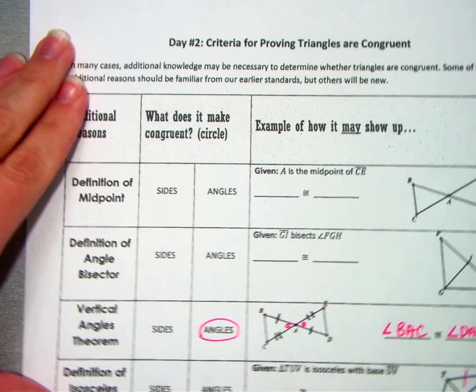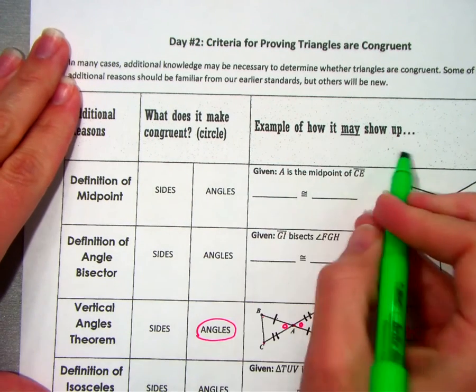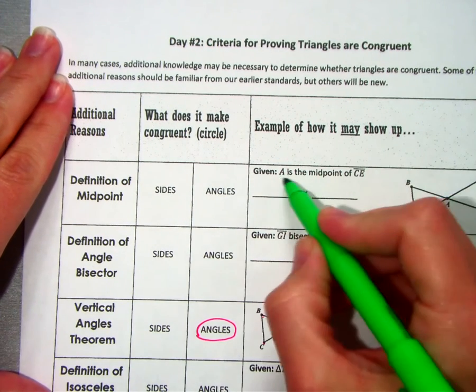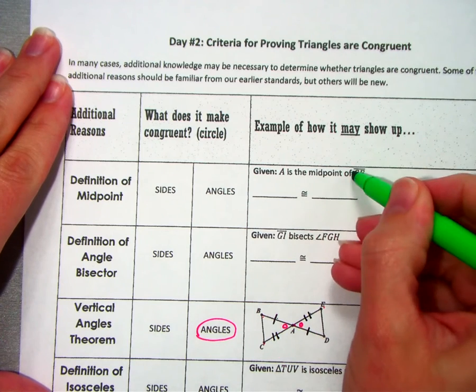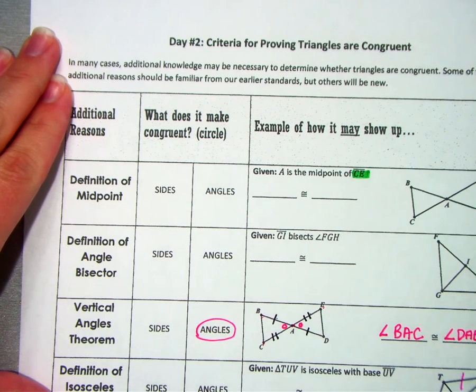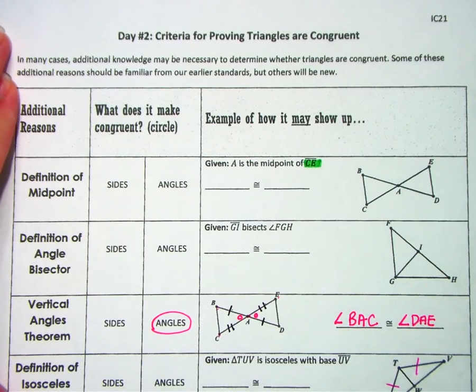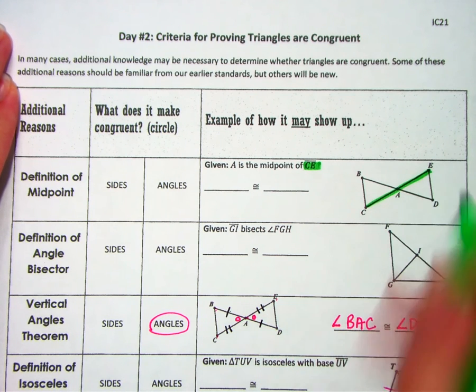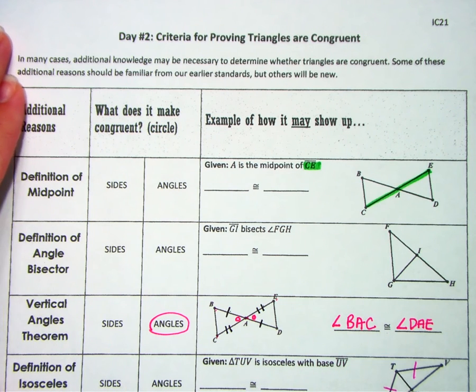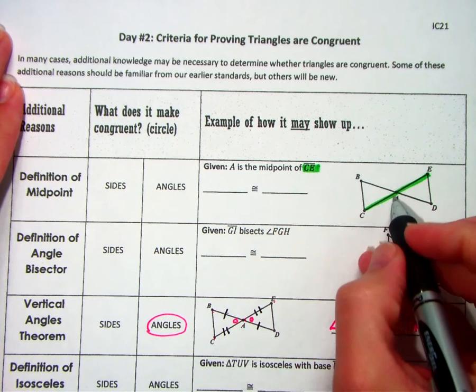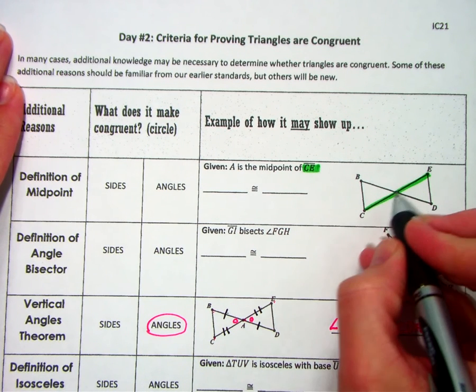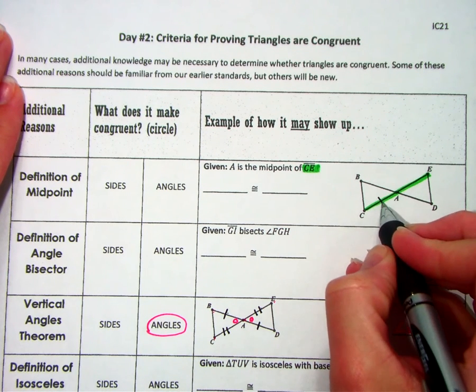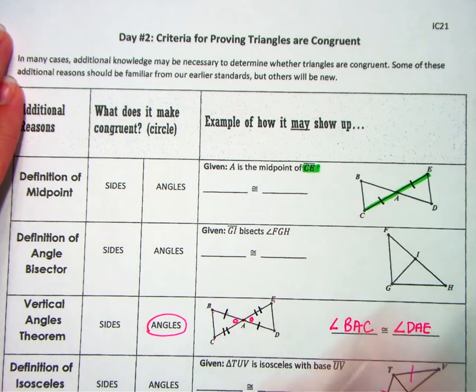So here's an example of what it would show up like. You are given that A is the midpoint of CE. So on the picture, I'm going to mark the segment CE so that I see what I'm actually doing. If A is the midpoint there, that would mean that A breaks this segment into two congruent segments.